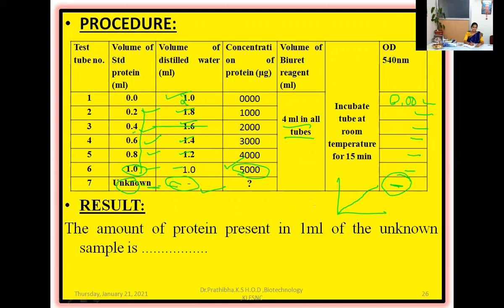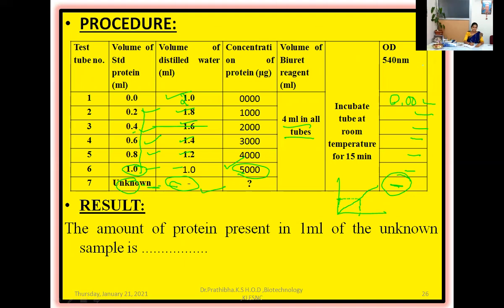Check where this unknown OD comes, somewhere here. Then put a dotted line where it touches the standard curve, then put a perpendicular dotted line against the x-axis, which was plotted as the concentration of the protein.